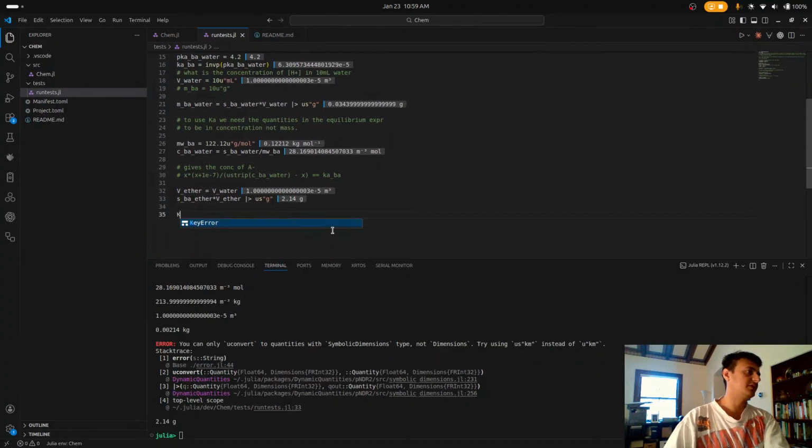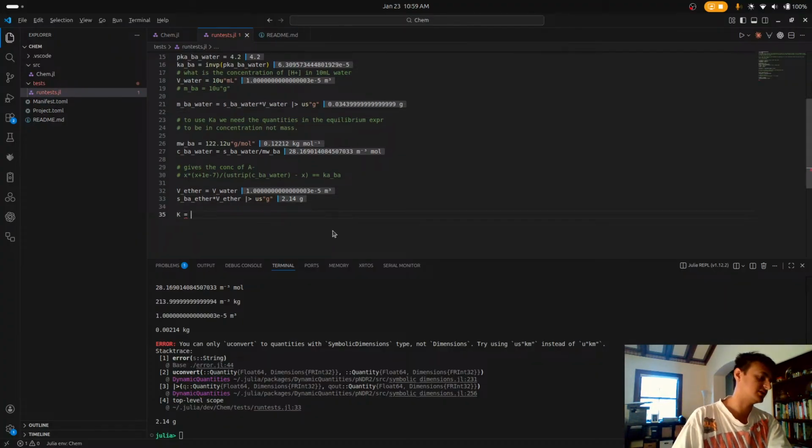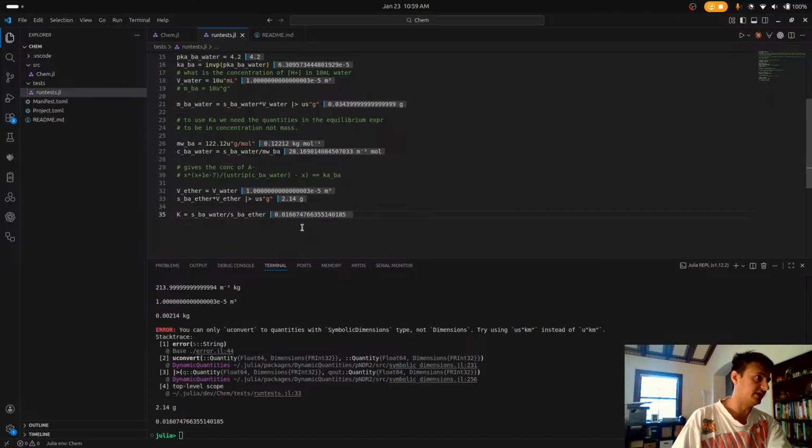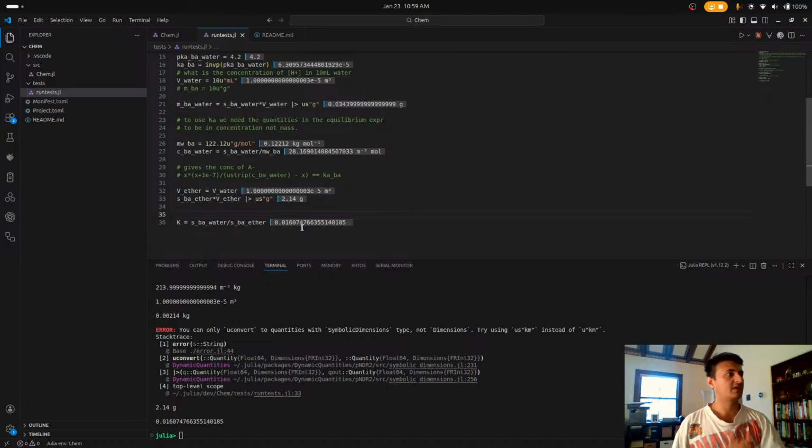So one thing we can do is just do K equal to the solubility ratio of the extraction. So it's S_BA water over S_BA ether. This is unitless, which is good. And so basically this shows that at present, the extraction is terrible.